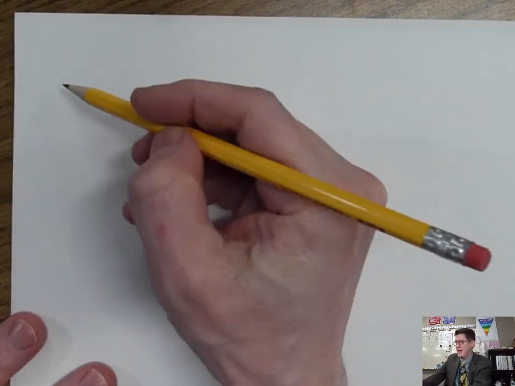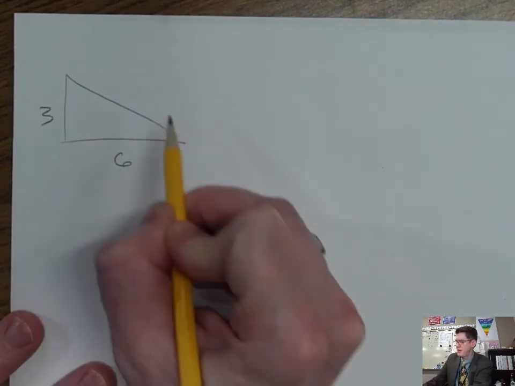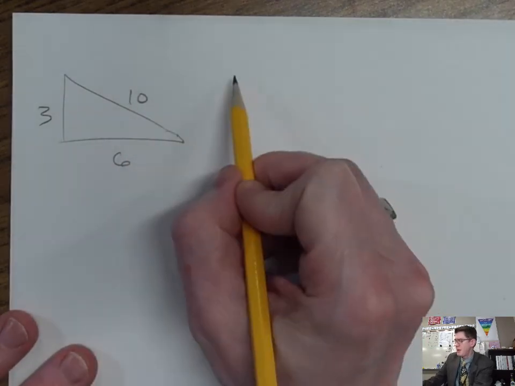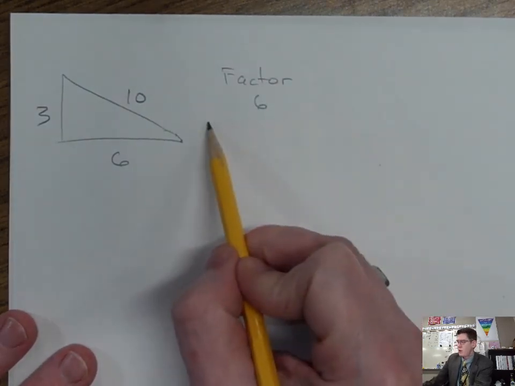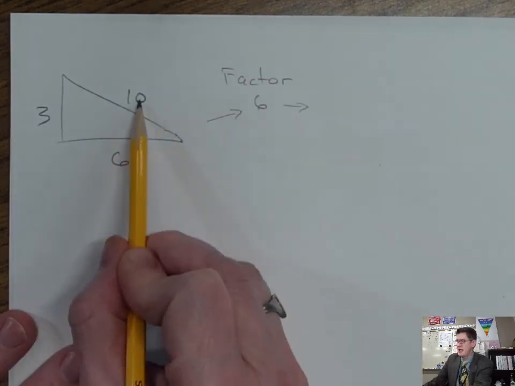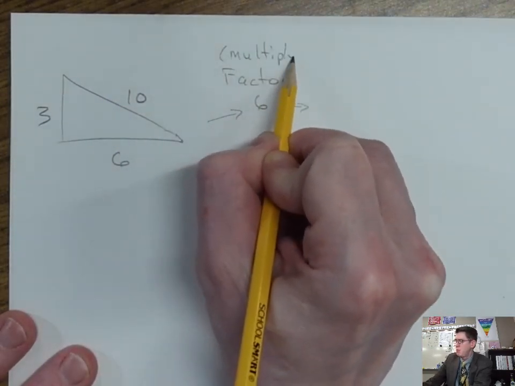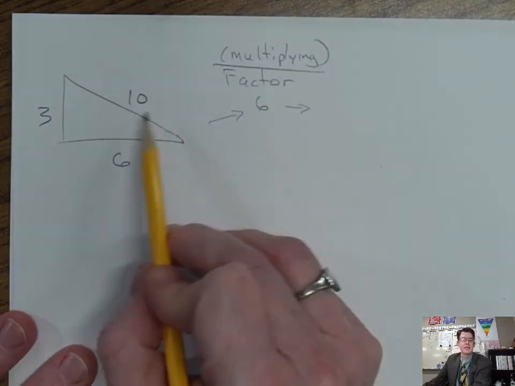Let's say that I've got a geometric figure, and it's got lengths of maybe 3 and 6 and 10, and I want to increase it by a factor of 6. If I want to increase it by a factor of 6, I just multiply, like the factors of a number. You're multiplying when you're doing the factor. So it's a factor of 6. I'm multiplying it by 6.